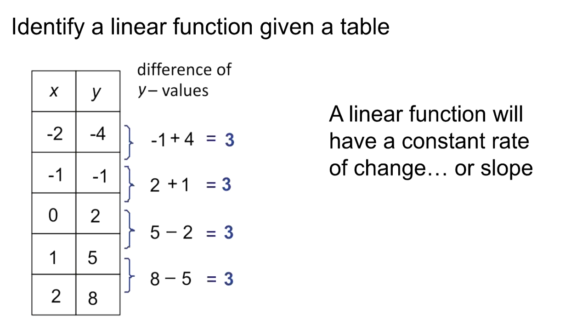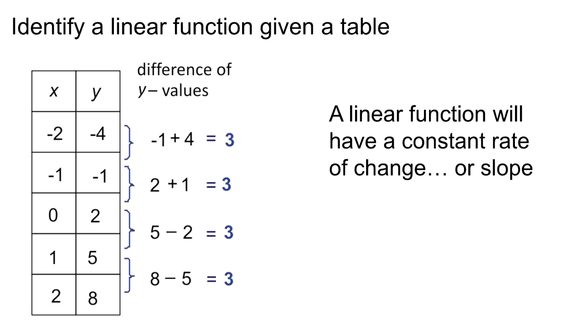What happens is that my y's are actually increasing by 3. And so every time x goes up by 1, my y goes up by 3. We call this a constant rate of change because it's just adding the same number over and over again every time. And that's the characteristic of a linear function.